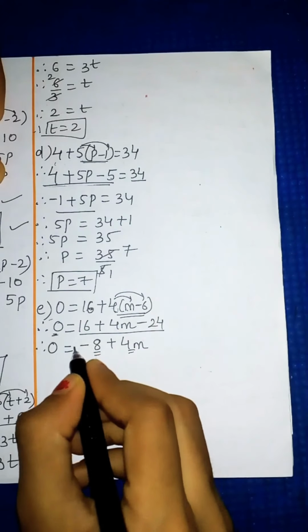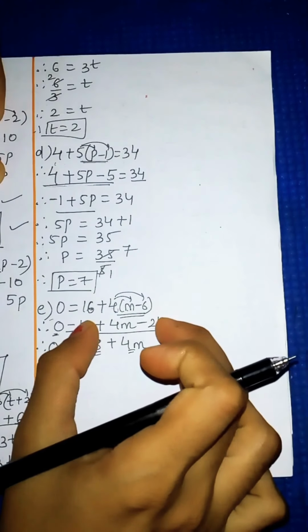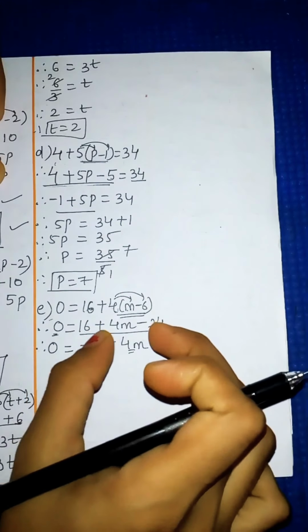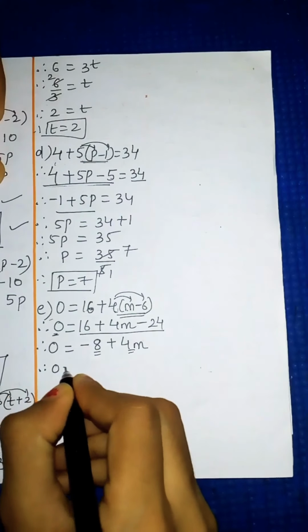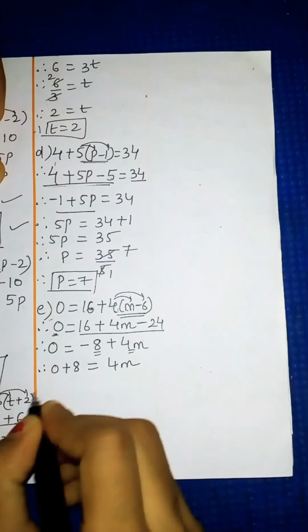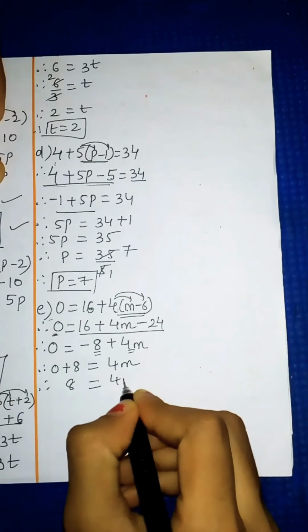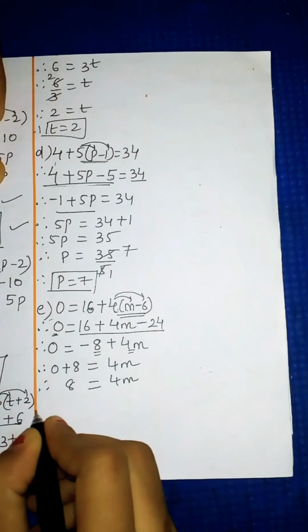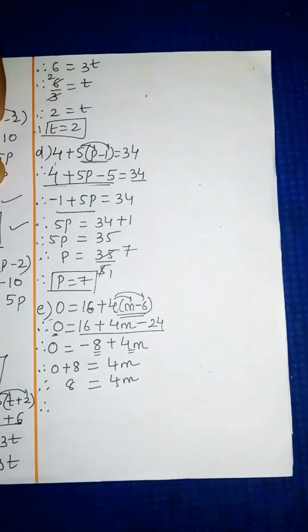Now this minus 8, we will bring to this side. Okay, on the same side if there are numbers first, we add and subtract them there, and after that we bring them to this side. Now minus 8 will come here, so it will be plus 8. So 0 plus 8 and this side 4m is left. Okay, now 0 plus 8 is 8 and this side 4m. Now this 4 into m, we want m, so this 4 should be removed.